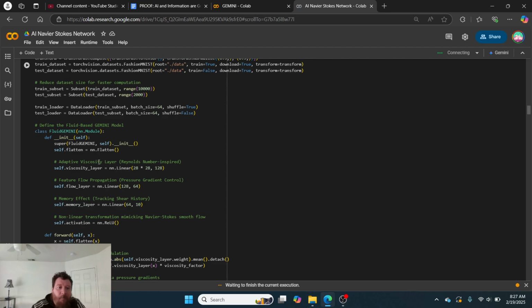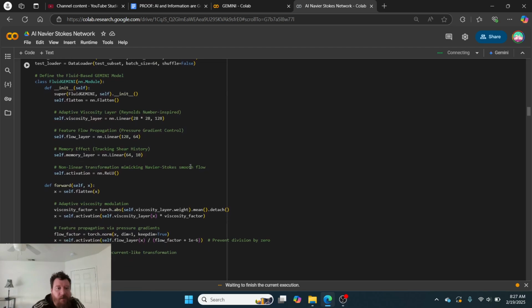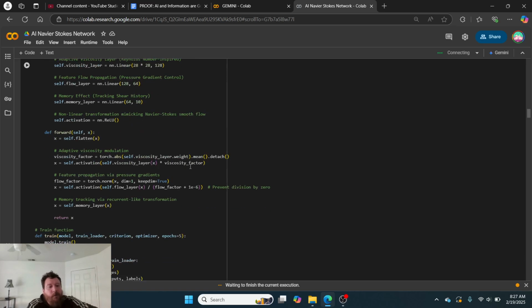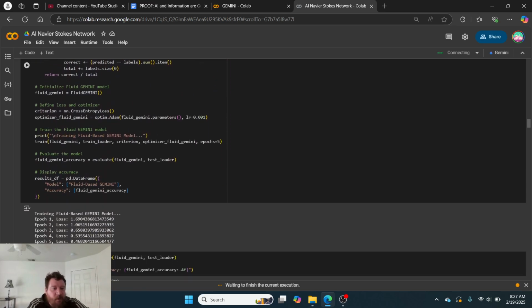So I add an adaptive viscosity lever, this Reynolds number inspired viscosity lever, feature flow propagation, memory effects. I start adding shearing, Navier-Stokes smooth flow. I'm trying to simulate more and more fluid dynamic flow in this instance, and then it has an effect on the model.